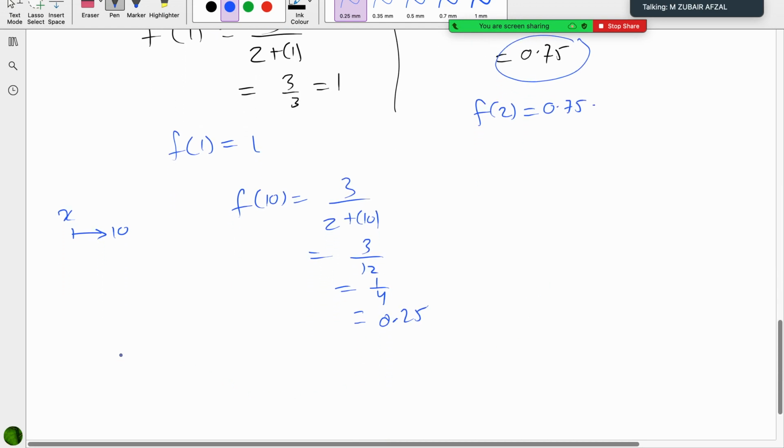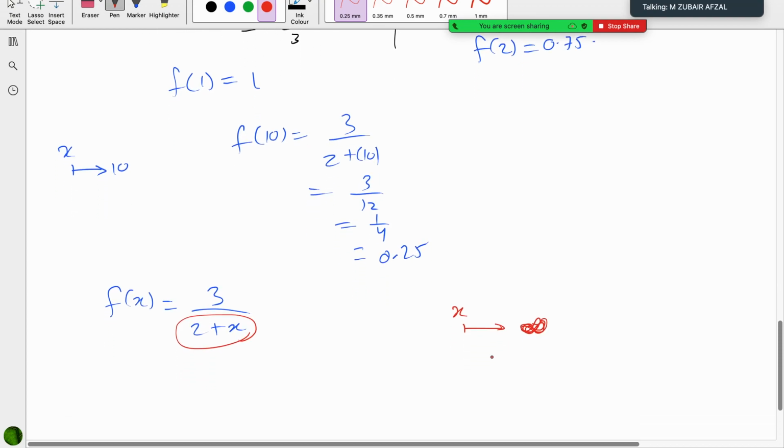So what happens if x becomes very large? This was 3 over 2 plus x. If x becomes very large, the denominator is becoming large, so the answer would reduce to a very small value. So we say x approaches infinity. You know that x cannot actually reach infinity.